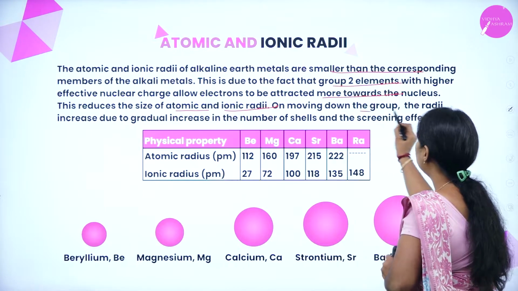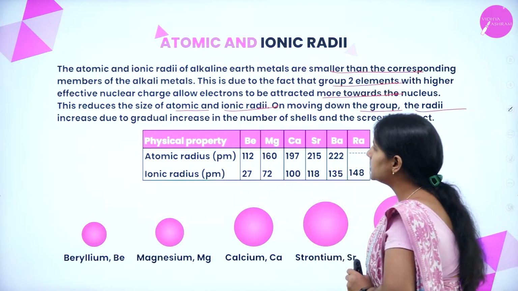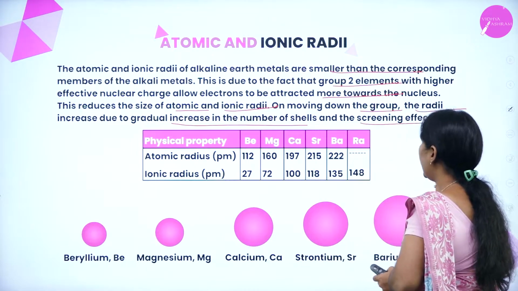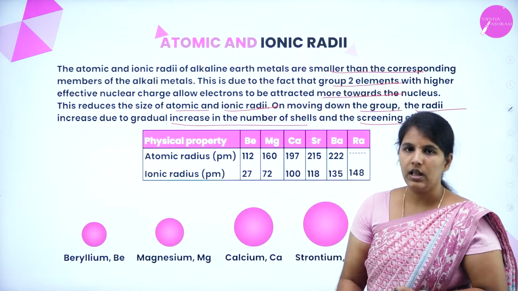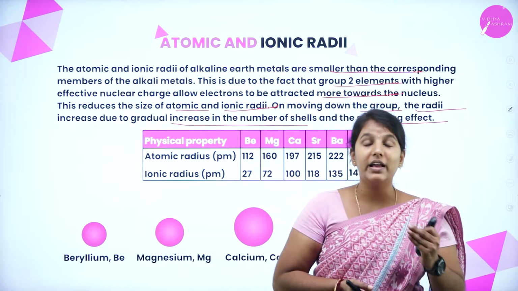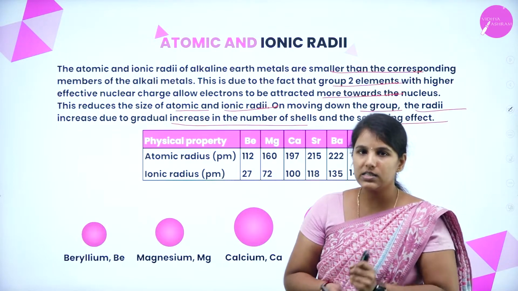As we move down the group, the radii increase due to the gradual increase in the number of shells and the screening effect. So, as we move down the group, what will happen to the atomic radii? They will increase. That is the first thing.